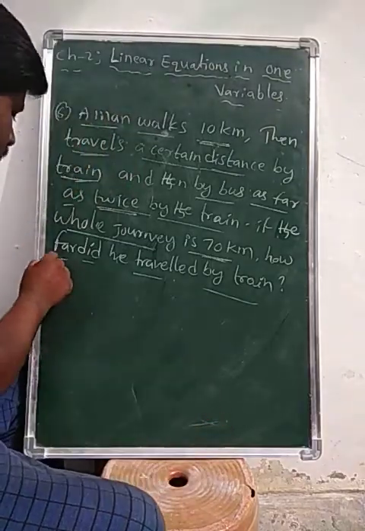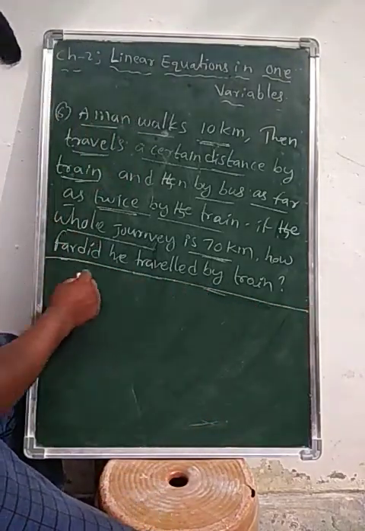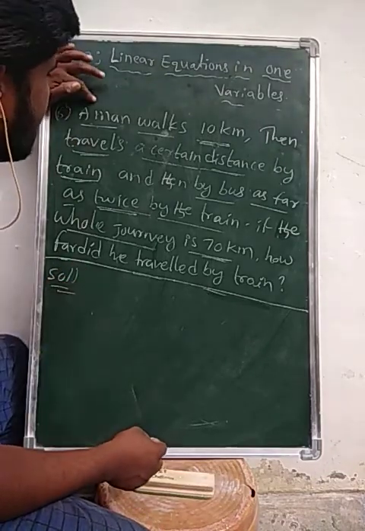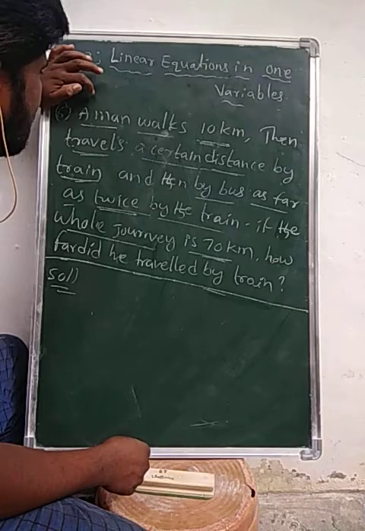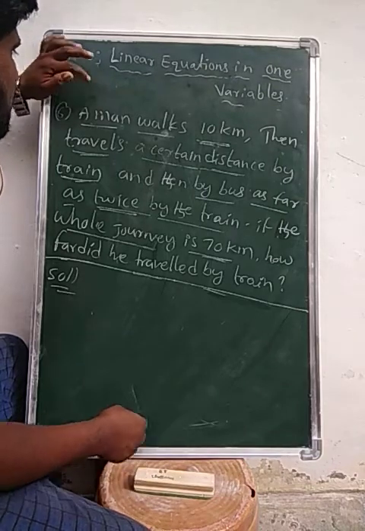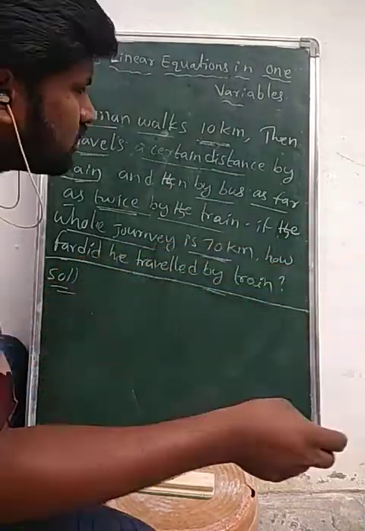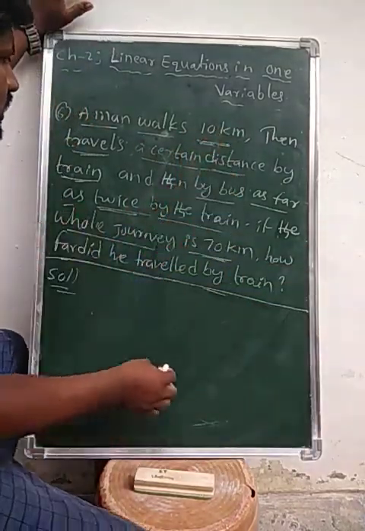From this question I am going to write the data. What is the required data? The distance traveled by the man on foot is 10 kilometers. So he covered 10 kilometers while walking.